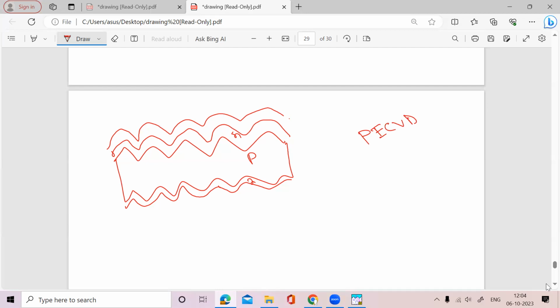One is silane gas and the other is ammonia. So the reaction is like that: one gas is silane, SiH4, plus NH3.